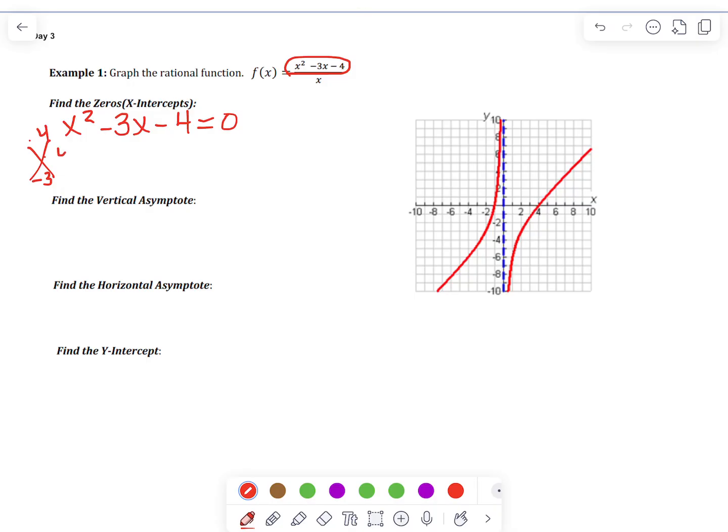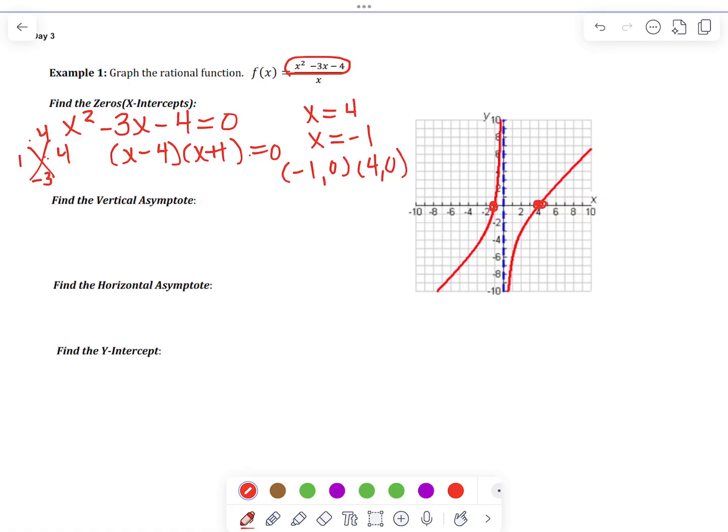That's -4 and +1. Then we set those factors equal to 0 and solve for x. So we get x equals 4 and x equals -1. So the ordered pairs would be -1, 0, and 4, 0. So here's an x-intercept and an x-intercept.